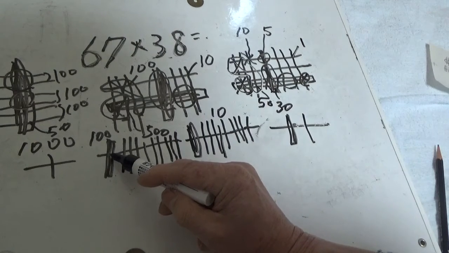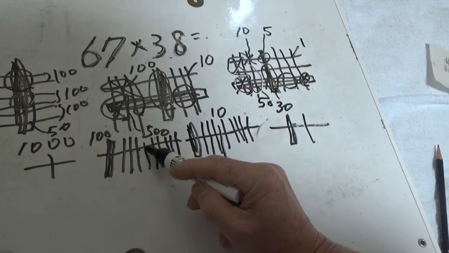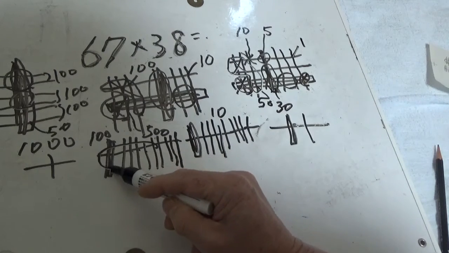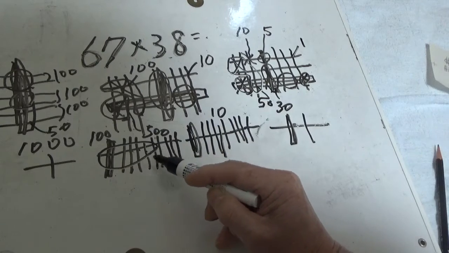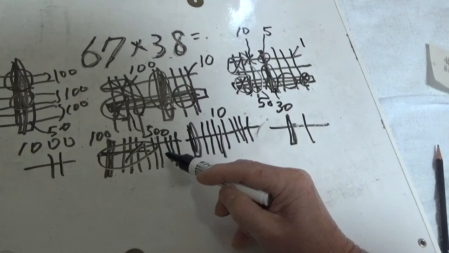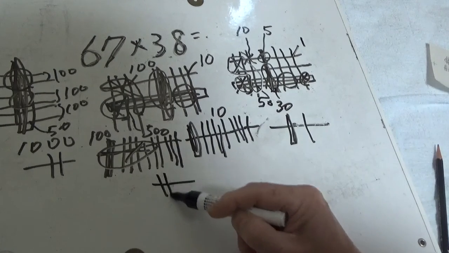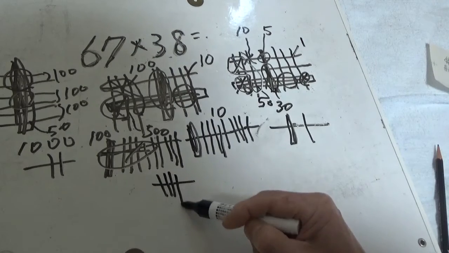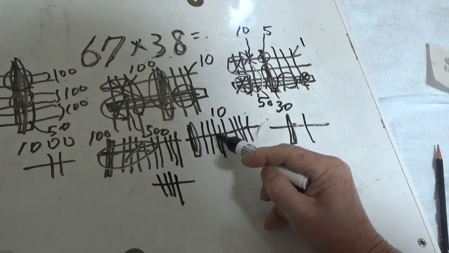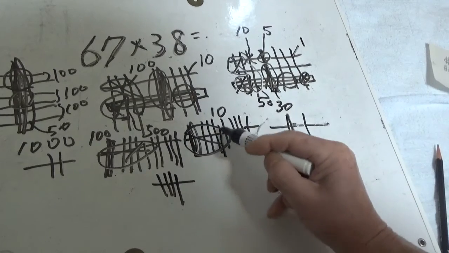Let's count from the points of 100 order. 1, 2, 3, 4, 5. This is 10, 100, so it's 1000. Now 1, 2, 3, 4. 1, 2, 3, 4. And this is 1, 2, 3, 4, 5, and 5. This is 100.